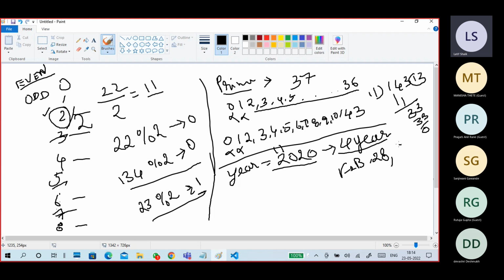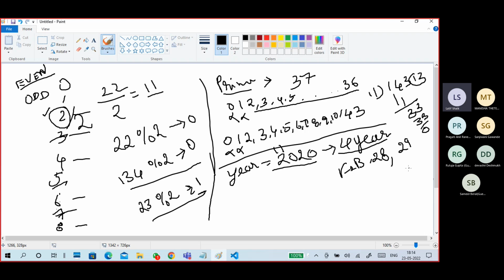In a leap year, we have 29. There is no February 30, right? This is in a leap year and this is in non-leap years. Right, guys? Am I right or wrong?